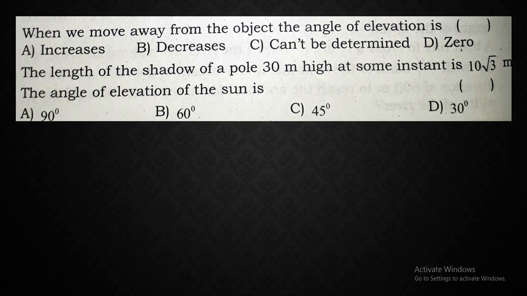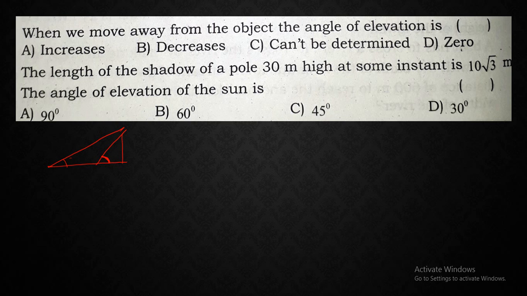When we move away from the object, the angle of elevation. So what do you say? See here. When you are near, you need to raise your head more, right? So when you raise your head more, that means the angle is more. When you move away, you can see things in a simple way.